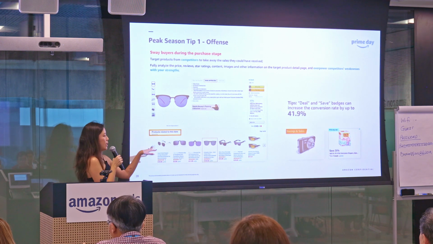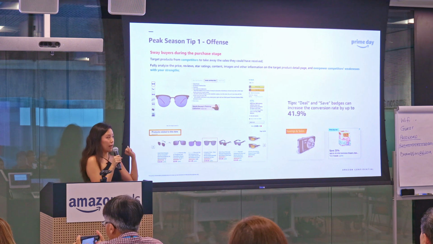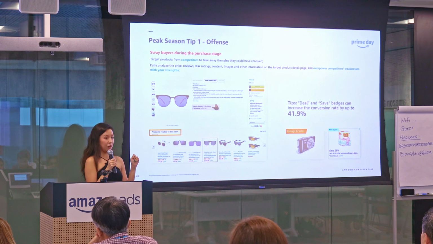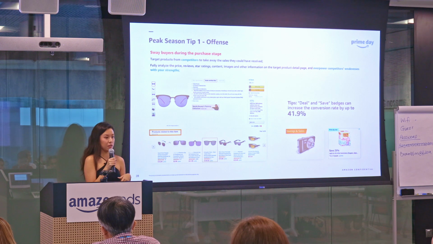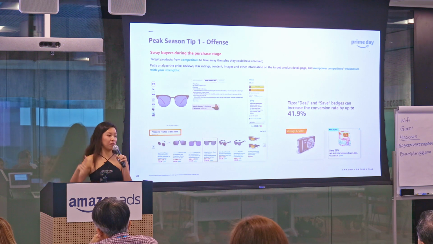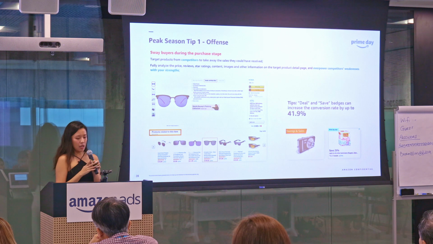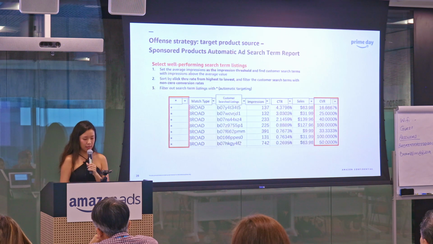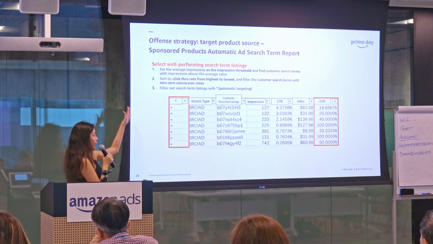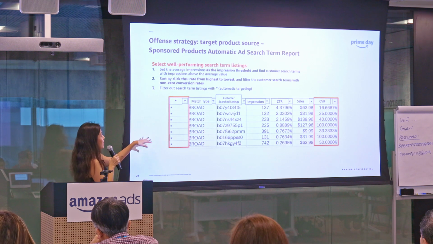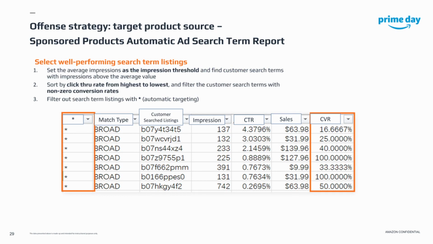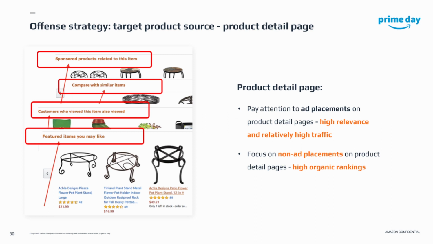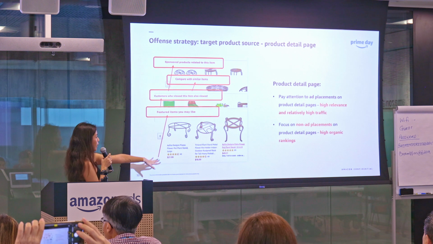So you can try to capture some traffic from the bestseller category if you have a competitive advantage in terms of price, or perhaps you have even more benefits than them. This is one way you can adopt this. You want to select the better performing listings. You can also target your own, and of course target the product sources from the product detail page.